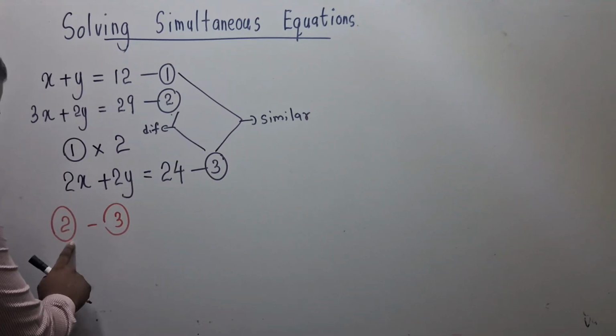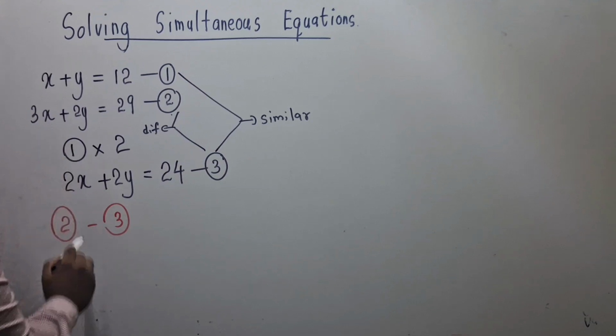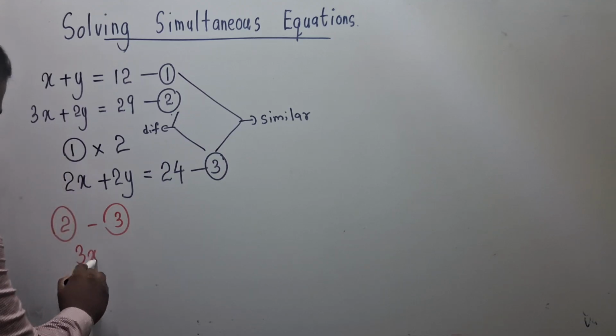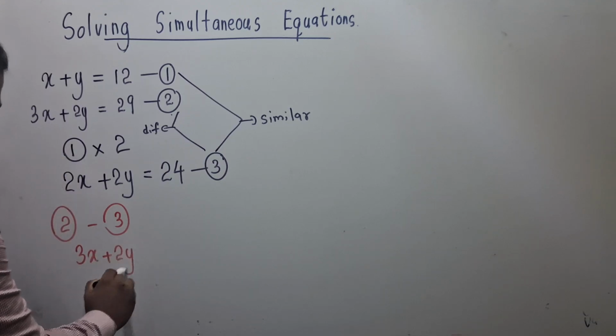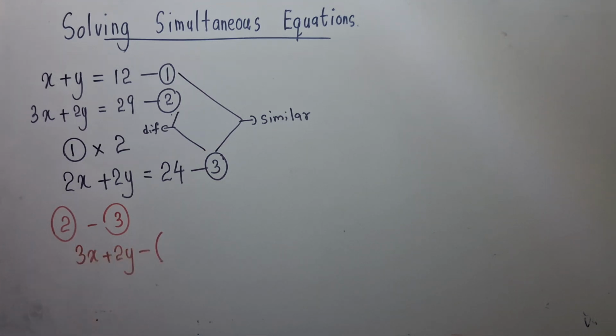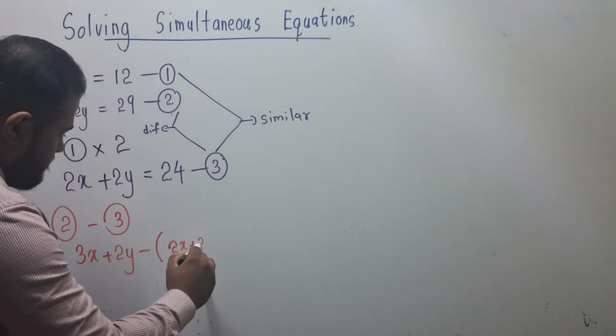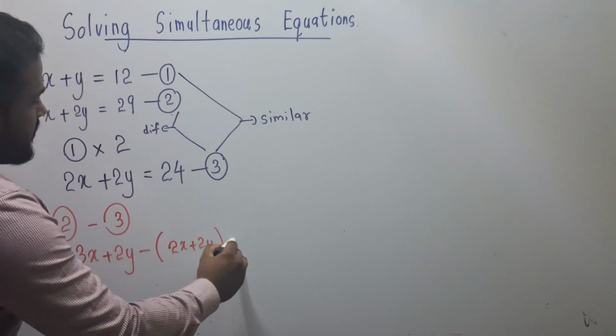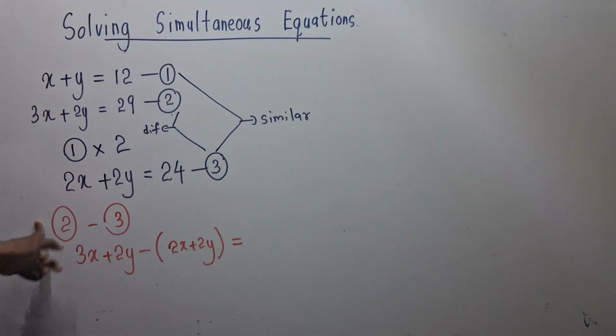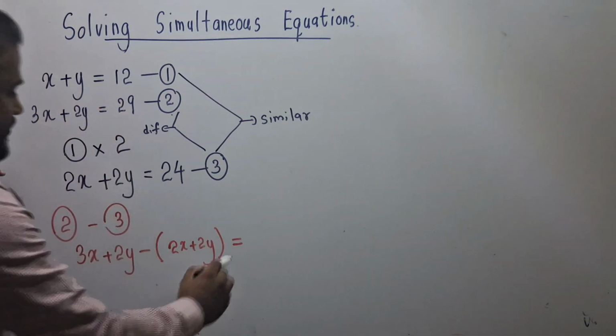So what's the second equation? 3x plus 2y minus bracket, what is the third equation? 2x plus 2y equals, what is the second equation's right side? 29.